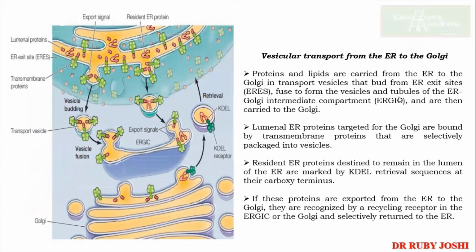Everyone, Tanvi? Anywhere, do I need to repeat? Ma'am, what was that KKXX that you wrote? It is a signal for membrane bound proteins which are resident to the ER.